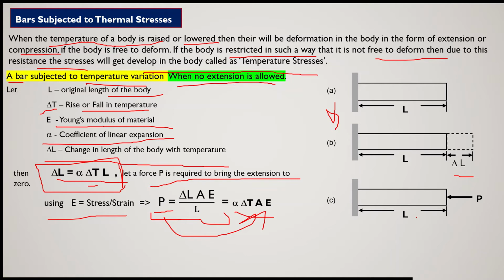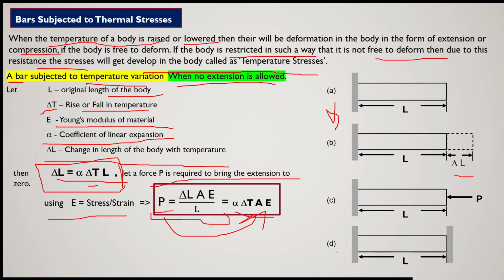Then what will happen? The supports at both ends are compressing the member, and the rise in temperature will try to expand it. This member will try to expand outward, but the supports are compressing it. So stresses will be developed in the member.